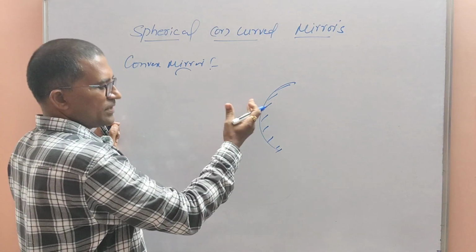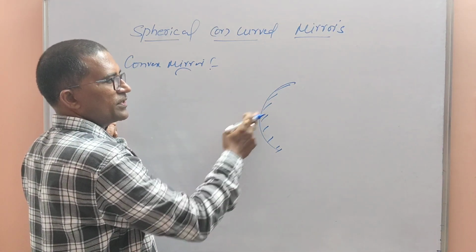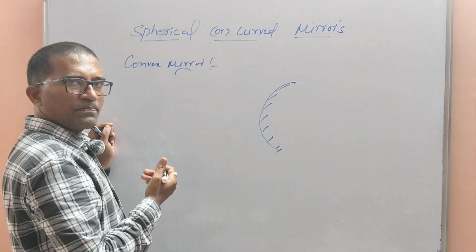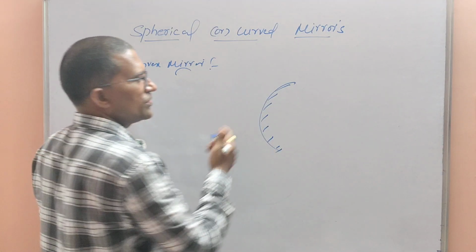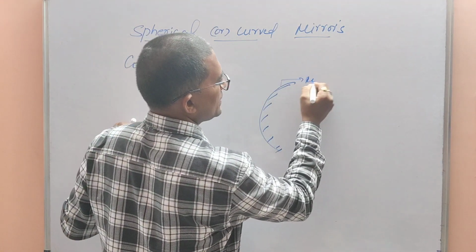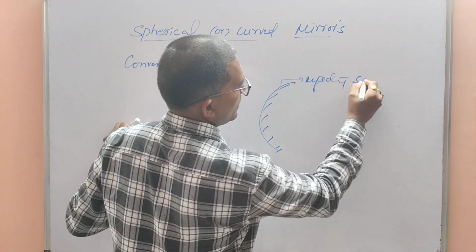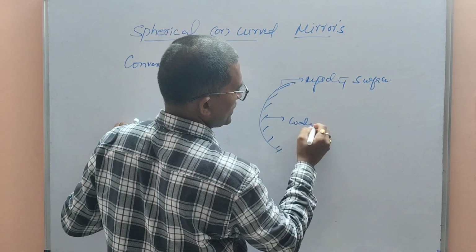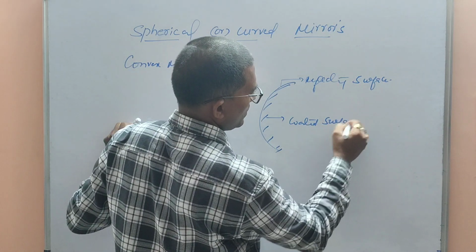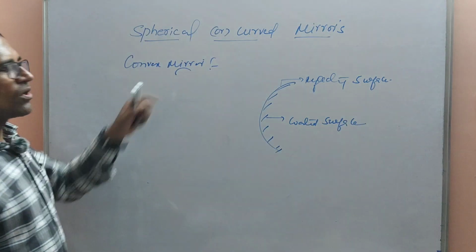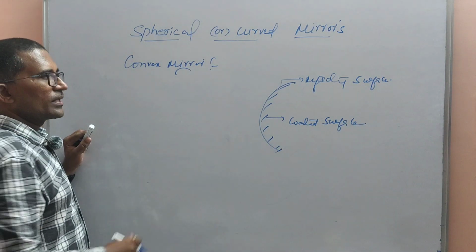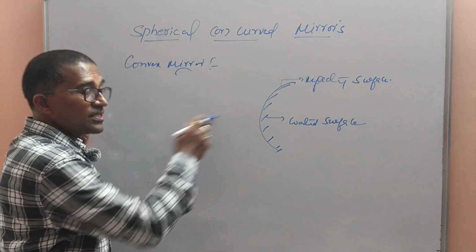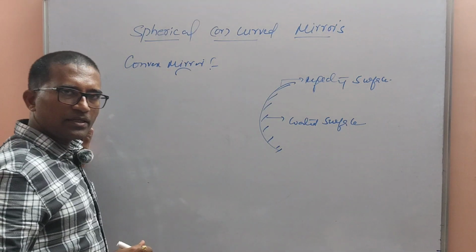This is the reflecting surface and this is the coated surface. If the reflecting surface is bulged outwards, bent outwards, it is called a convex mirror.